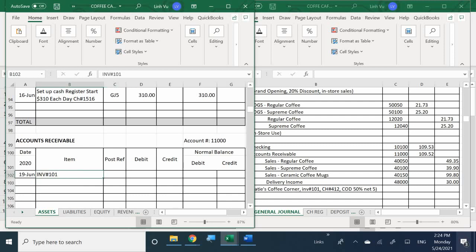Okay, I think that's good enough. The invoice itself is good enough because we can look up the information through Albert.